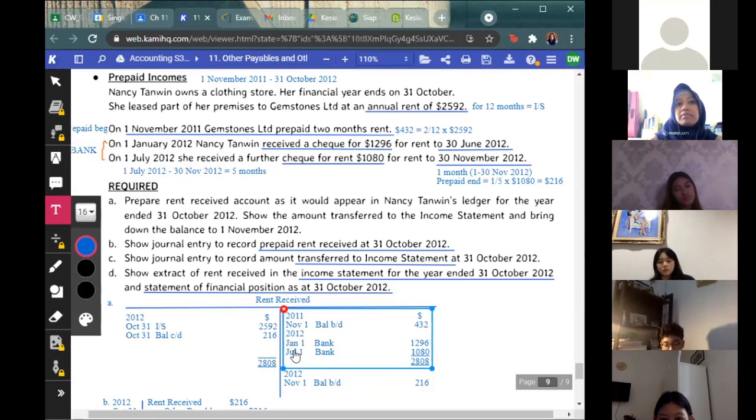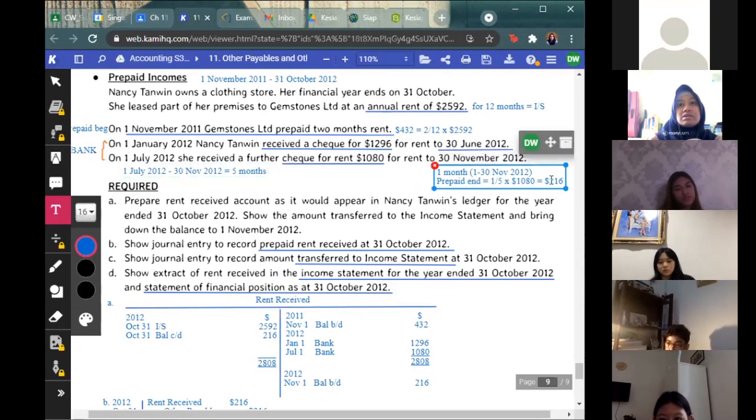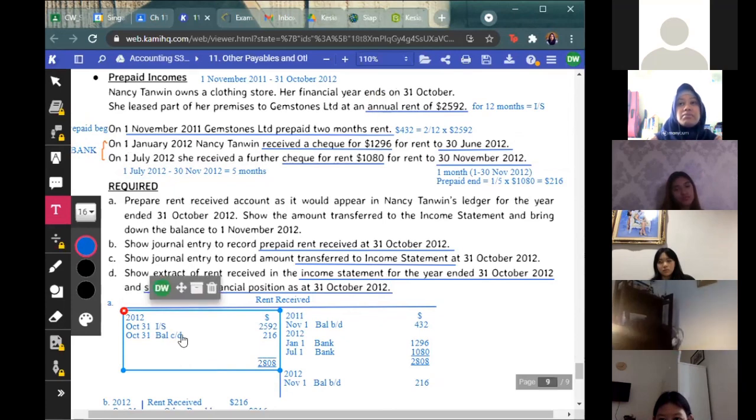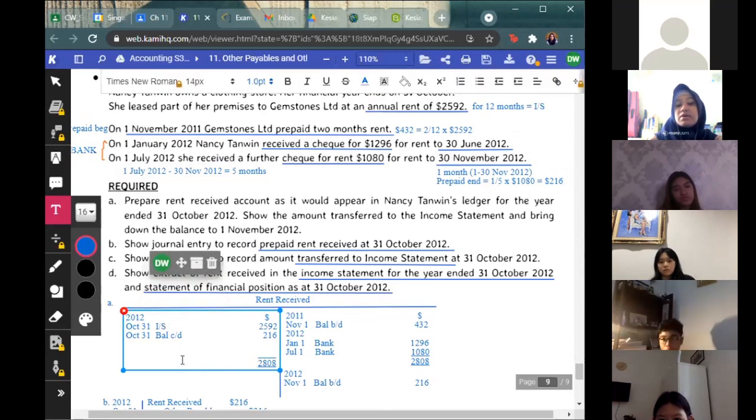Put that according to the dates. January 1st will be the first one and July 1st will be the second one. And then you have information of prepaid at the end of 216. Prepaid at the end is balance CD. Before you put balance CD, put down the IS detail first.